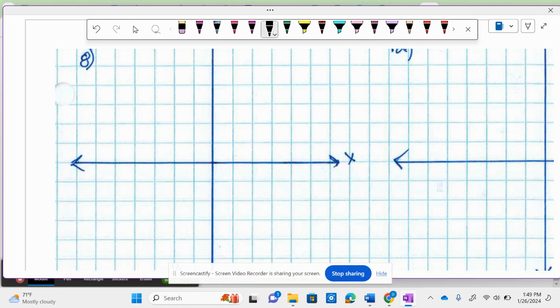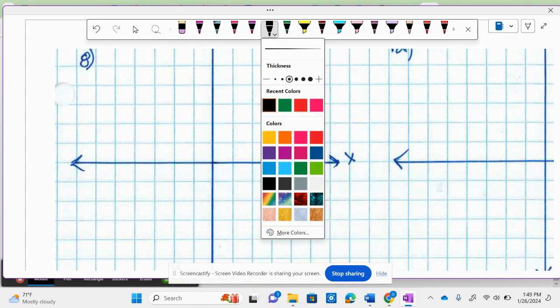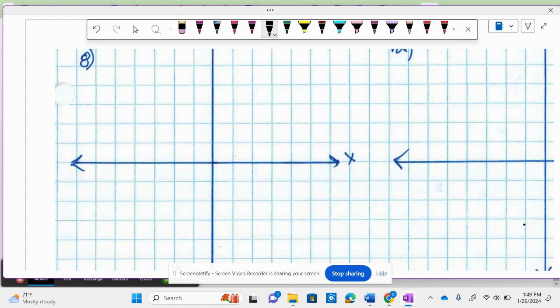Okay, so for number 8, point A is the ordered pair 3, -1. Here's point A. So it's going to have this composition of T 2, 5 composed with R, and then it says x-axis. So I have to do this one first.